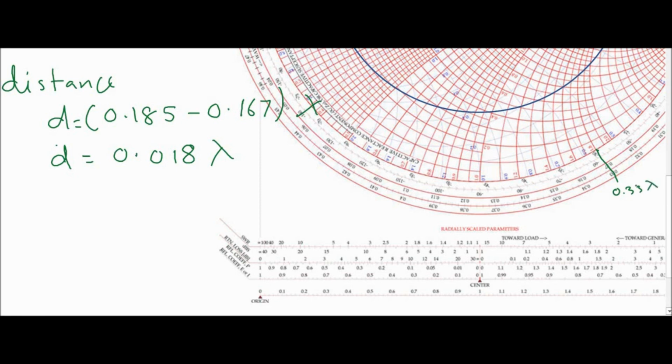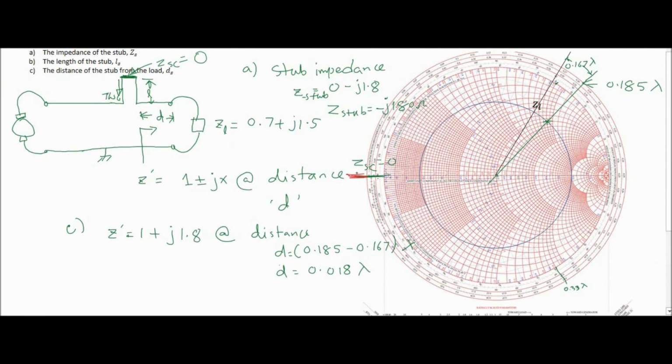That is 0.33 lambda. Now we measure the distance from here and move toward the generator, that means clockwise direction. Don't go this short way because we cannot go anti-clockwise. We have to go clockwise, so you move this way until you reach there.